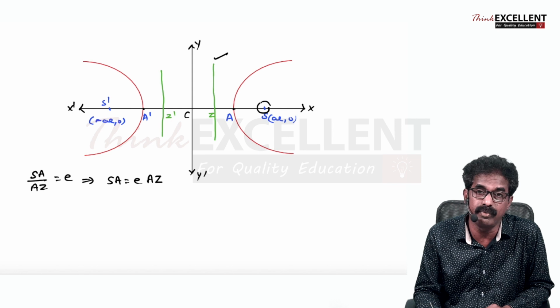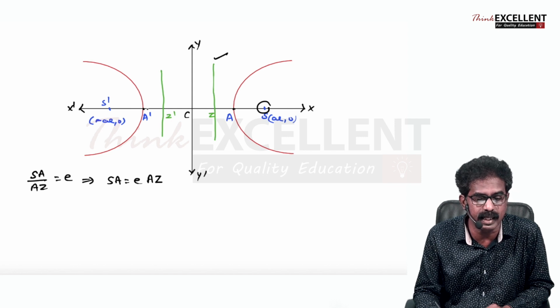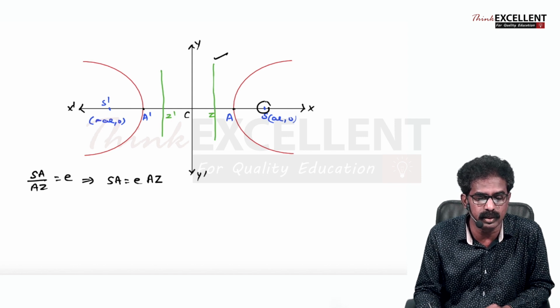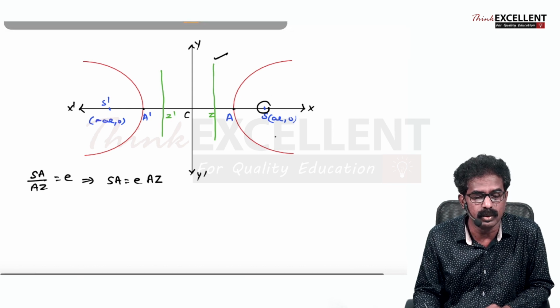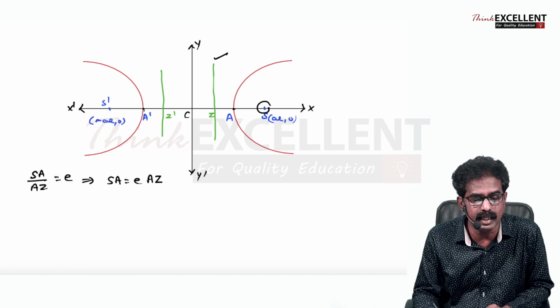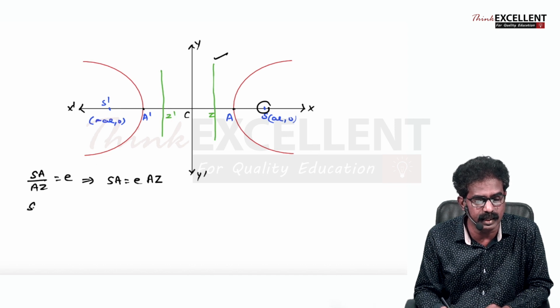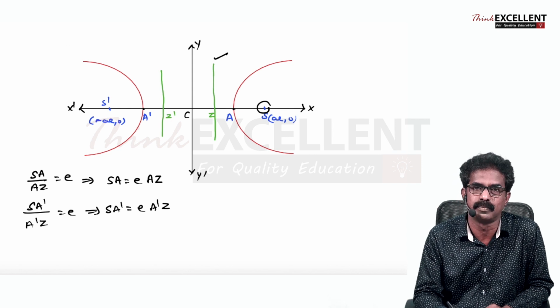So use the same focus S. SA dash by A dash Z, right? Because when you use this focus, you have to use the same directrix only, right? So SA dash by A dash Z equal to E. Cross multiply, SA dash equal to E into A dash Z. Okay, this is the first part.